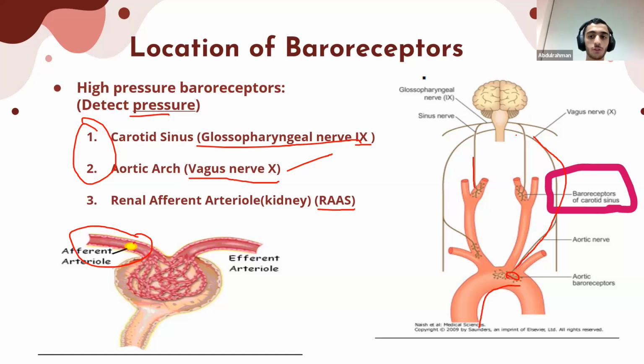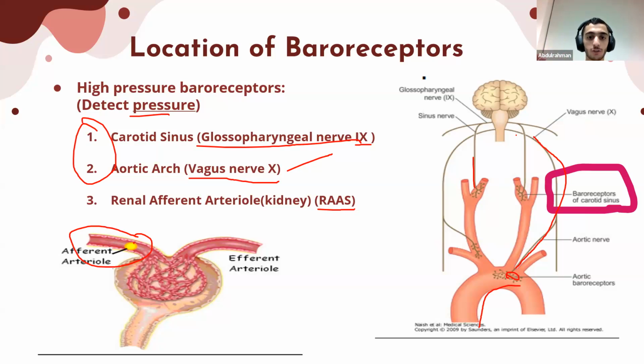What happens is that once they reach the brain, both of them, the vagus and the glossopharyngeal, will act on one specific site. We'll discuss it in a second. So mainly what you need to know about the vagus and the glossopharyngeal is that both of them are just taking it to the brain. And then of course, whenever the brain wants to activate the parasympathetic to the heart, this is a question for you guys.